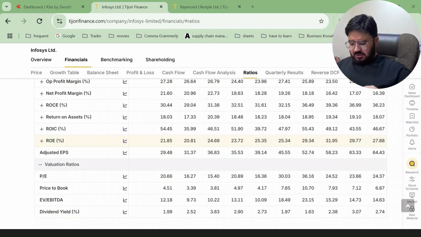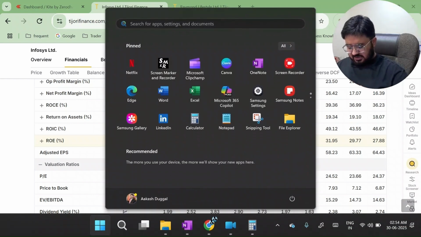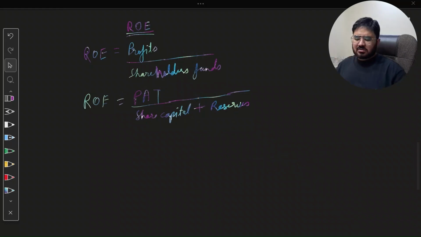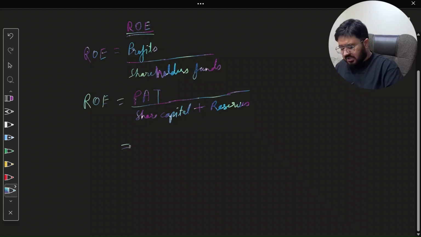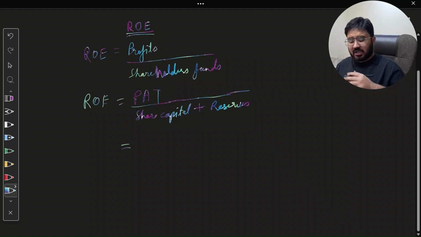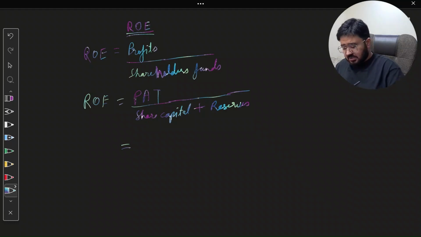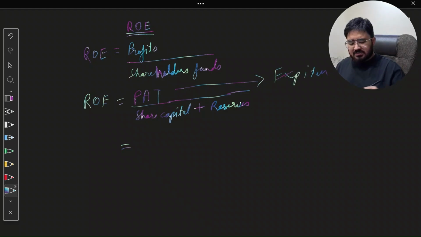Now you need to know the risk associated with ROE. Sometimes ROE is manipulated intentionally or unintentionally. How can it be manipulated? It could be easily manipulated by accounting entries. PAT could be manipulated by, for example, an exceptional item. Exceptional items are one-time earnings.